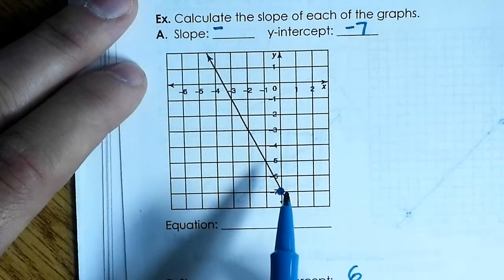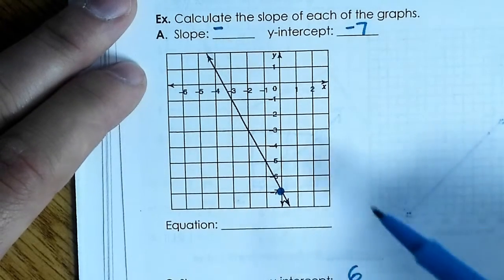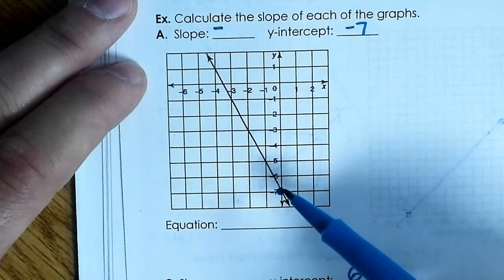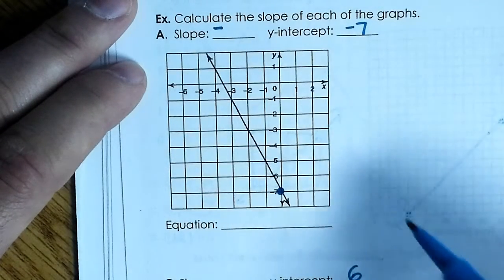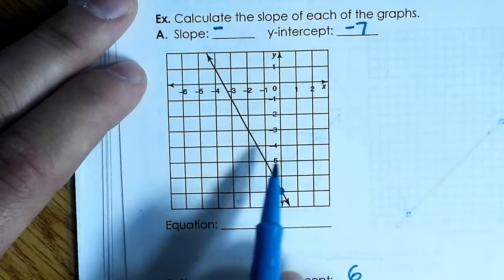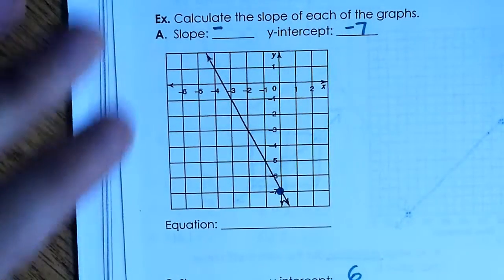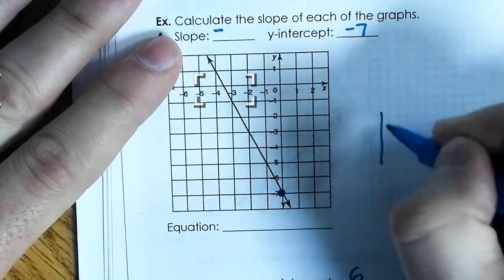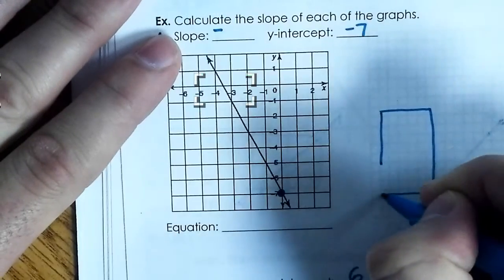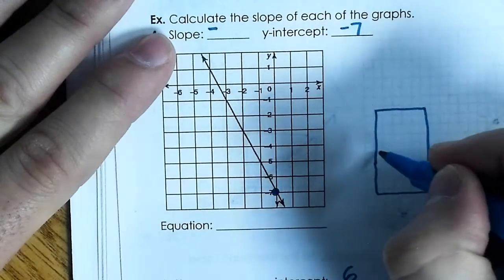Now, what I like to do to find the slope is go to my starting point, my y-intercept. Now, where does it cross the little corner pieces of the box? Remember, I talked about it a little on the last page. I'll give you an example.